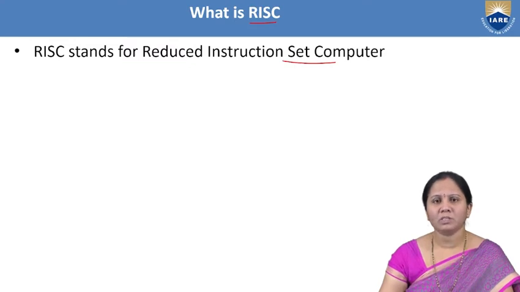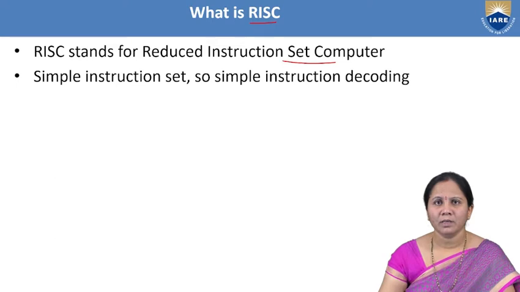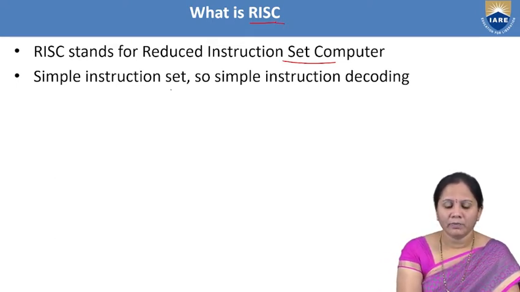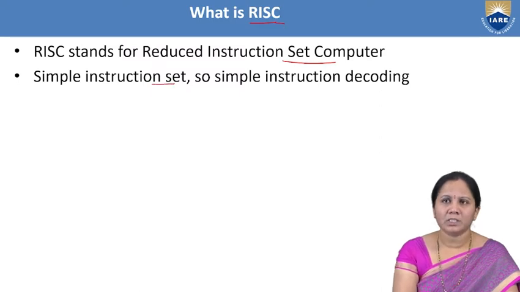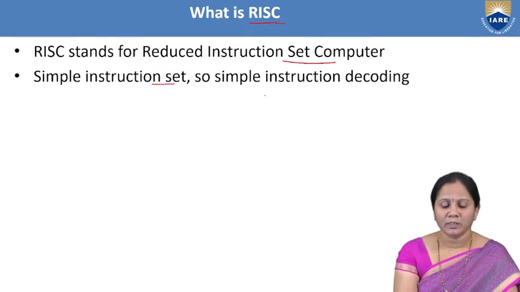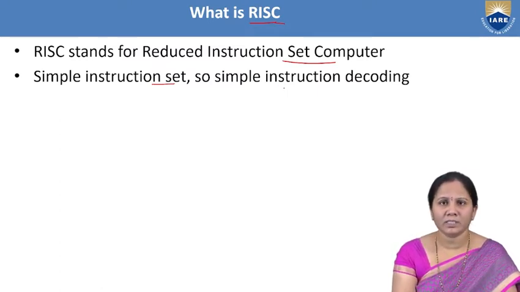All these are some of the characteristics we have to discuss under RISC and CISC. In the RISC architecture, we have a simple instruction set. That means the instruction set is very simple and easily understandable. Since the instruction set is very simple, decoding that particular instruction is also very simple.